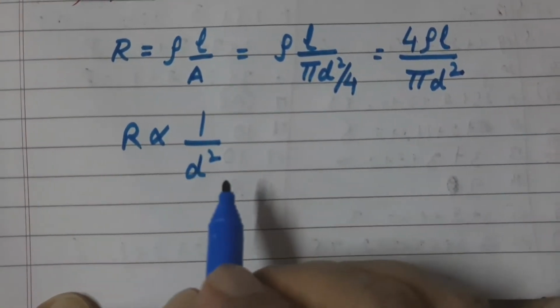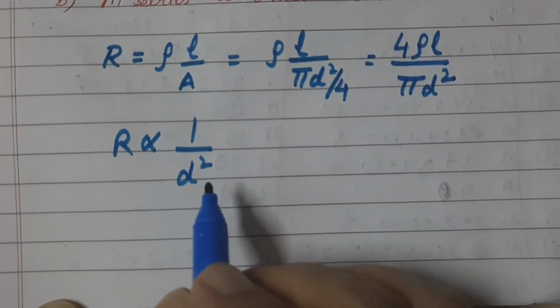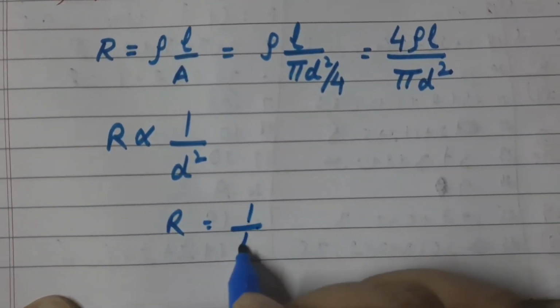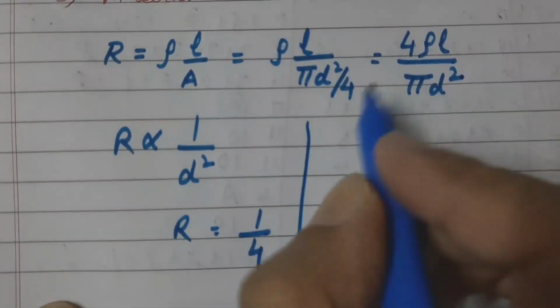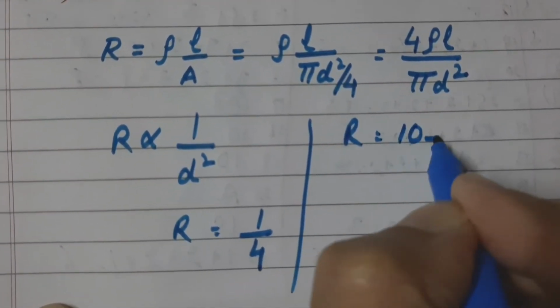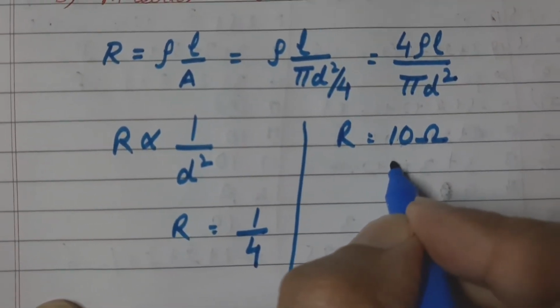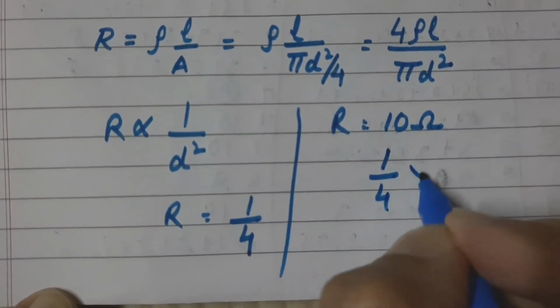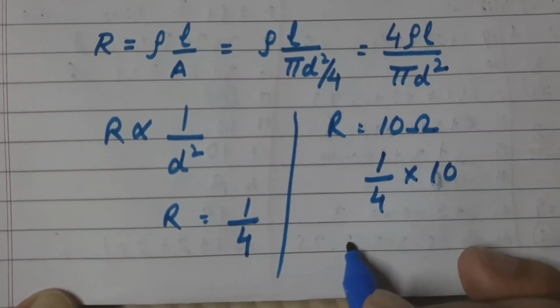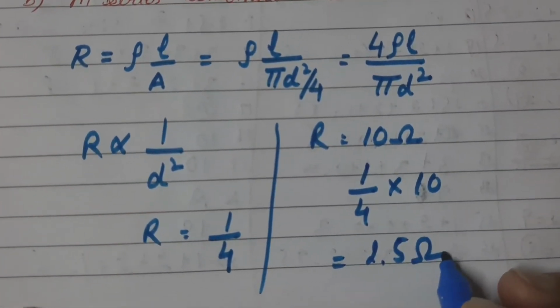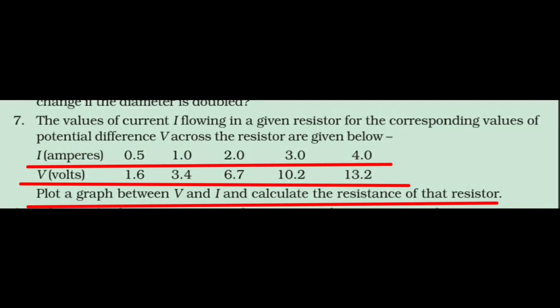Means if diameter gets doubled, resistance will become 1/4. According to the question, R is 10 ohm, so its value will become 1 upon 4 into 10, which is 2.5 ohm.